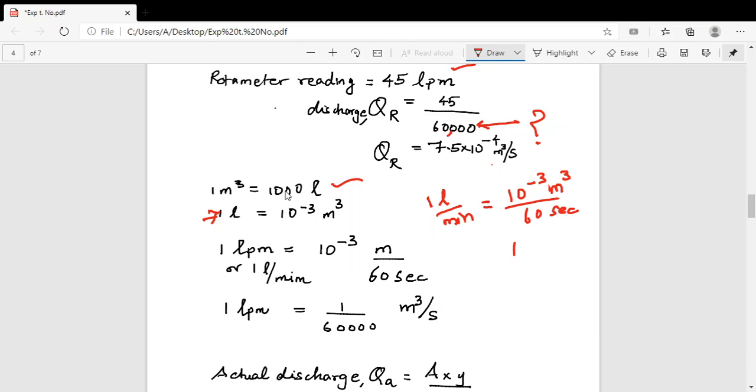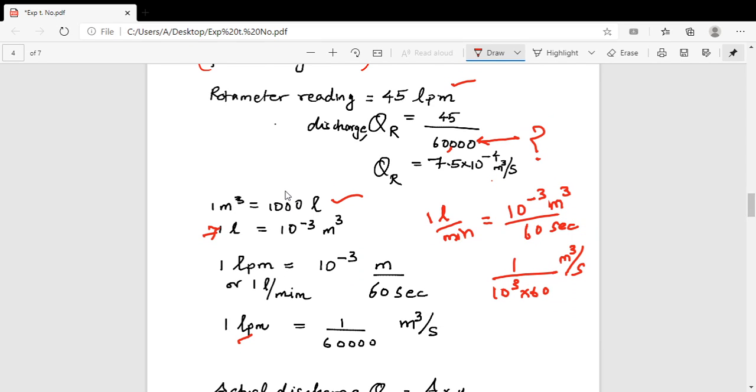So I can rewrite this as 10 power 3 into 60, and the overall unit is meter cube per second. So to convert 1 liter per minute to meter cube per second, I have to divide by 60,000. In the sum I am having 45 liters per minute, so I am dividing by 60,000.